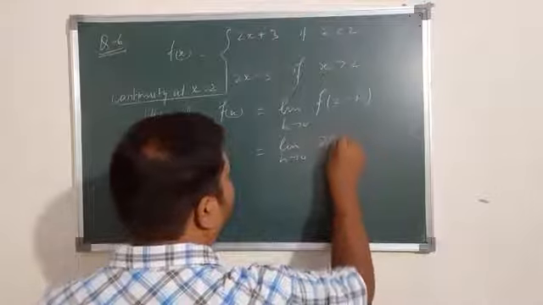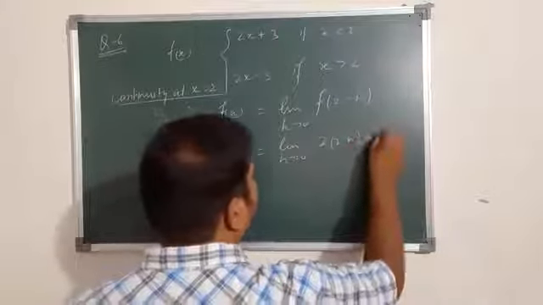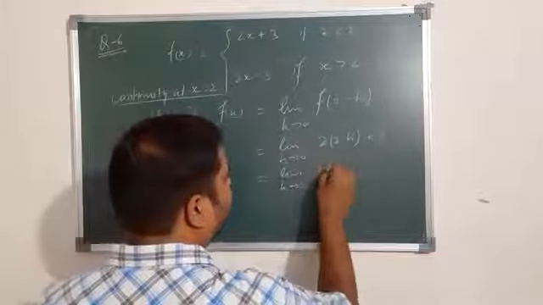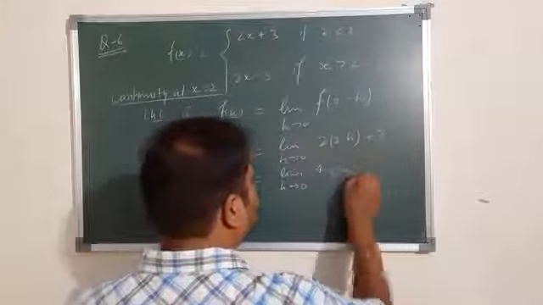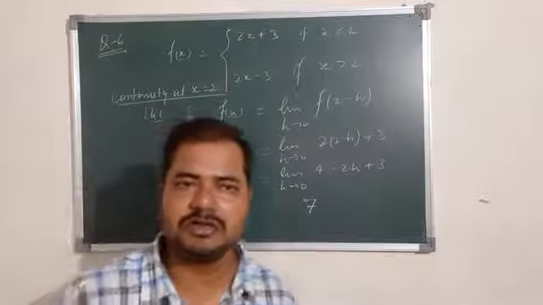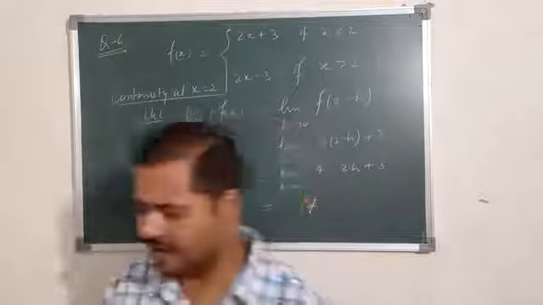That means 2(2 minus h) plus 3. This is limit h tends to 0 of 4 minus 2h plus 3. This is nothing but 7. So please note it down. This is the LHL.